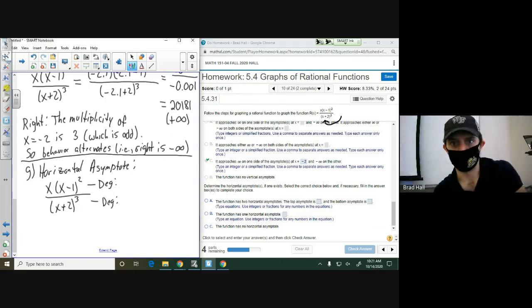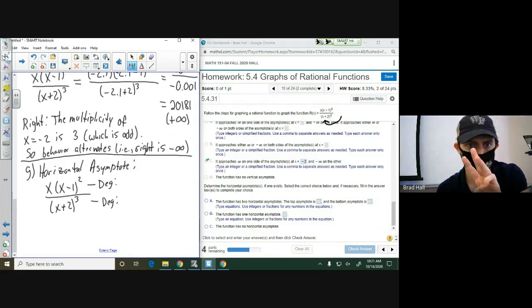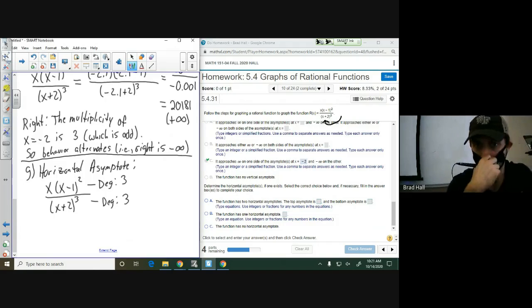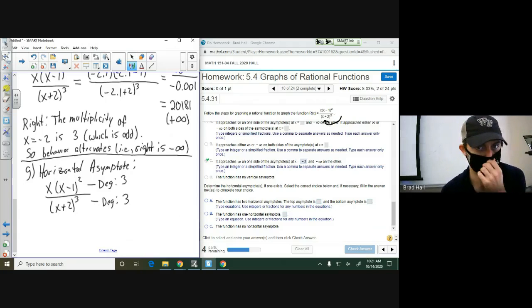So the degree of the numerator is 3. You can use term domination to see this: you have 1x in the front and then the x squared as the next one, so 1 and 2 gives you the 3. And the denominator, same thing. There's x plus 2 to the third power, which, when you use term domination, you would get x cubed.